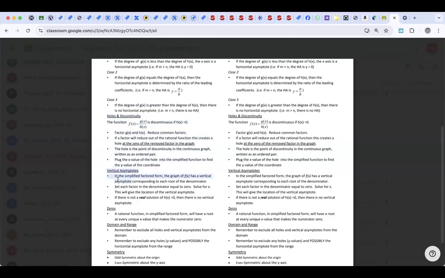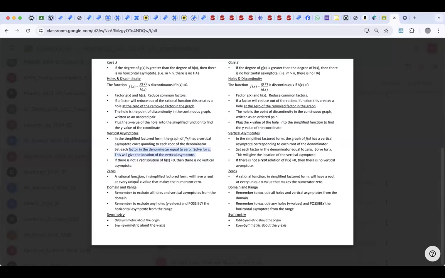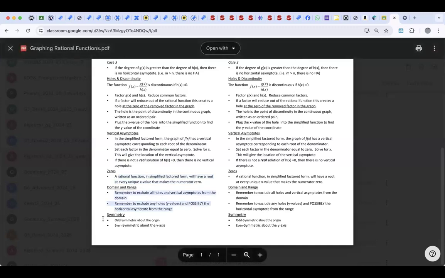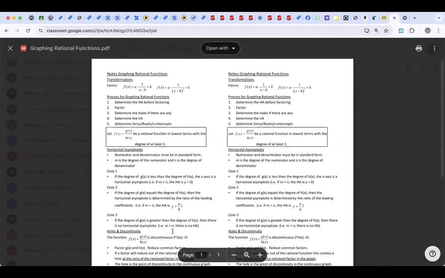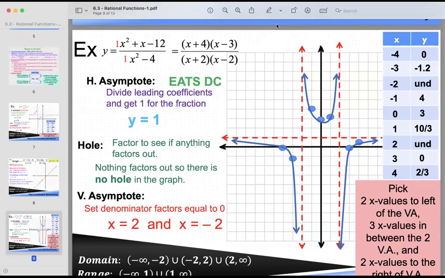Then the vertical asymptote: in simplified factor form, see what is in the denominator. Each factor is a vertical asymptote. And how to find the zeros, the domain and range, and the symmetry. With these steps and your notes, you should be able to understand. Am I making sense or no? What other questions do you have?